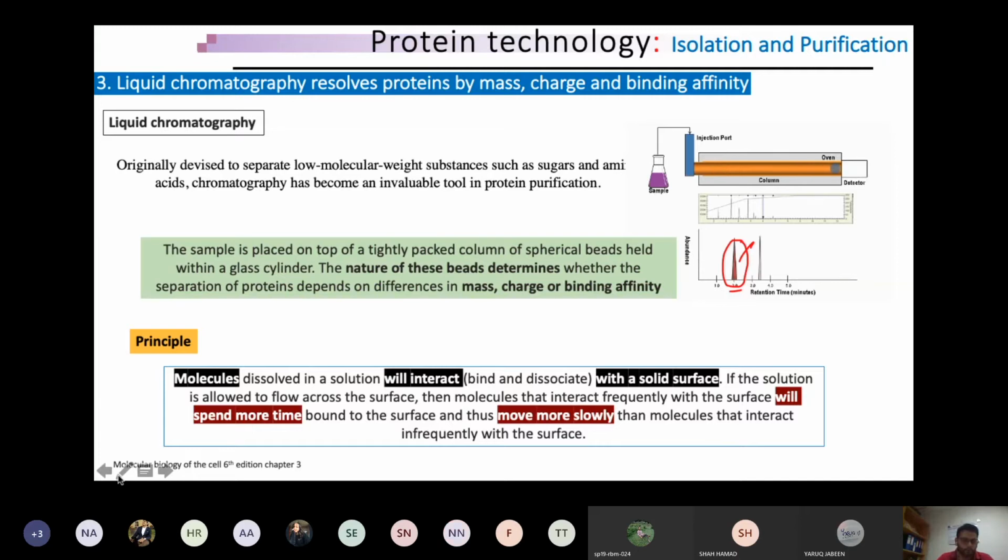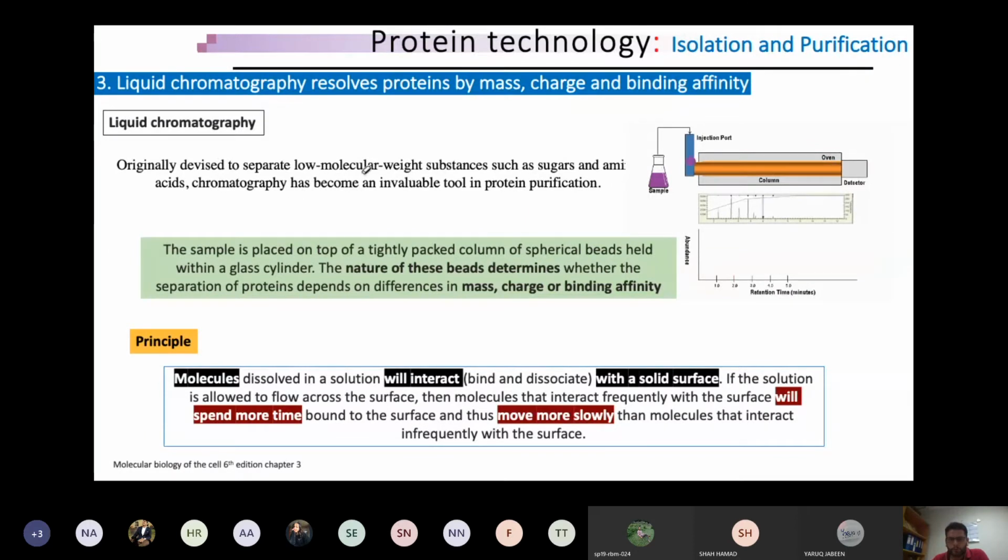Okay, so what is chromatography in general? Through chromatography you could resolve proteins on the basis of mass, charge, and binding affinity. These are three different characteristics which are given here. We will focus on these characteristics because when we talk about proteins, these are the major things we are talking about.